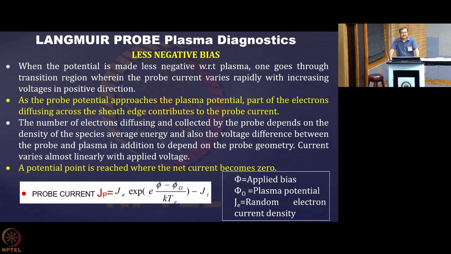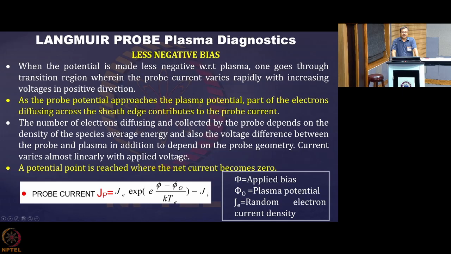Now, a potential point is reached where the current becomes zero. So, the point that I have shown you, at that time what is happening is that the electron current and the ion current are cancelling each other.